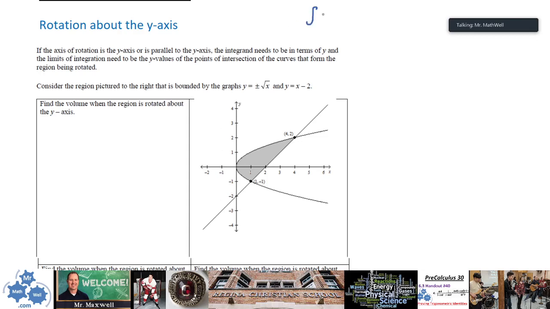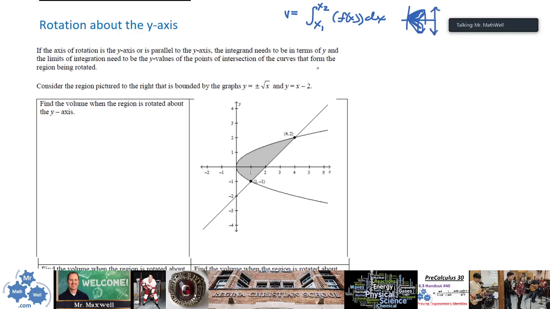Before, the volume has been the integral from an x point, from x1 to x2, of f of x dx, right? So this is rotating some kind of area vertically, up, down, up, down.